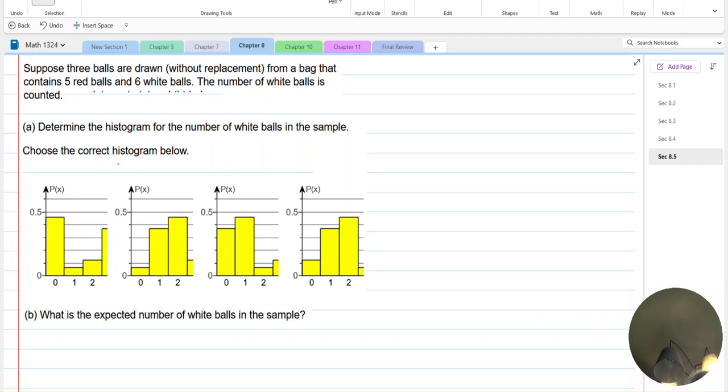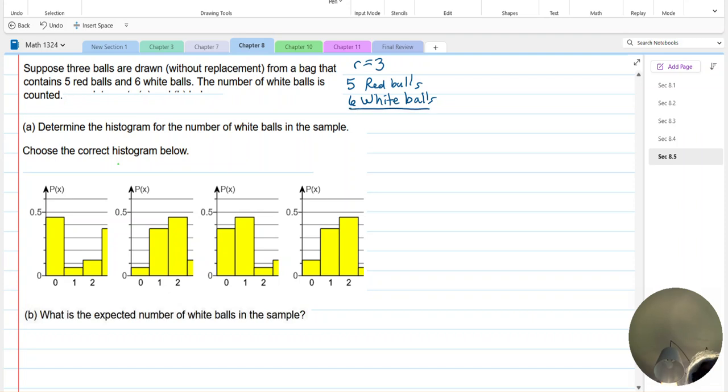And we're told here, suppose 3 balls are drawn without replacement from a bag that contains 5 red balls and 6 white balls. The number of white balls is counted.